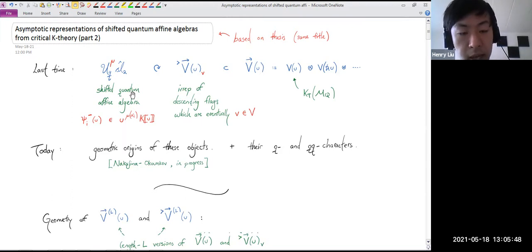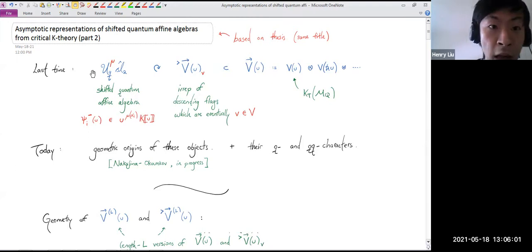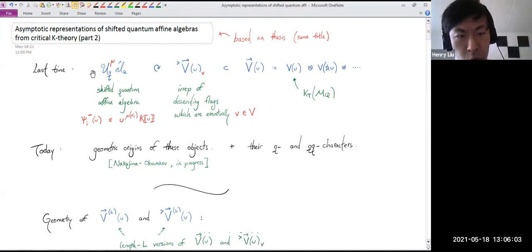And the shift will make it so that they start either earlier or later than expected. And in general, this mu will be some co-weight which encodes where each of the generators psi i starts. Anyways, so we saw this very explicitly for SL2 last time.